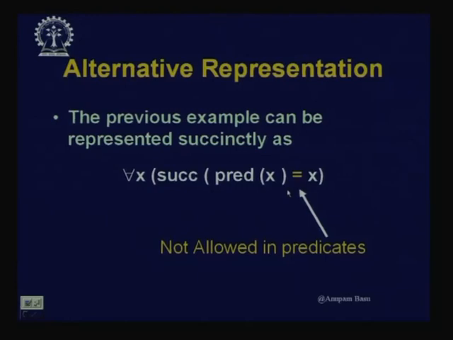However, it was found that this limitation was really becoming a little difficult to maintain, because if we had the equality operator allowed in predicate logic, we could have expressed many sentences in a better way.